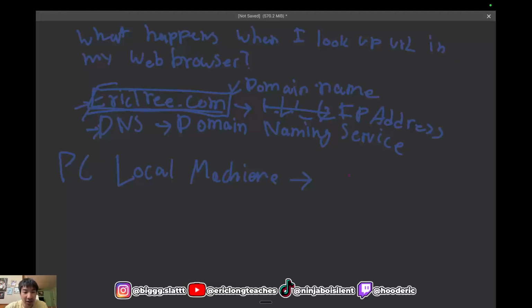So they do something called, I think, a three-way handshake. To make sure that the domain is even a real thing, your PC sends a ping. Let's say LM is the local machine. It sends information to the server, Eric Tree. Then Eric Tree sends back another request saying, hey, we're here, we exist.